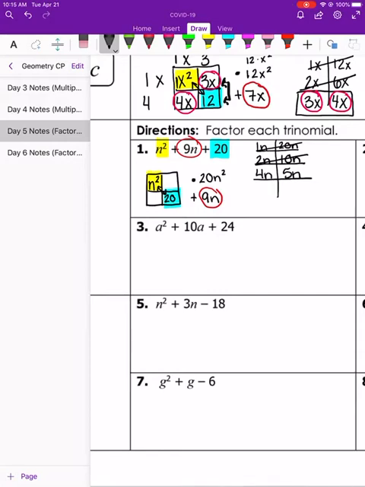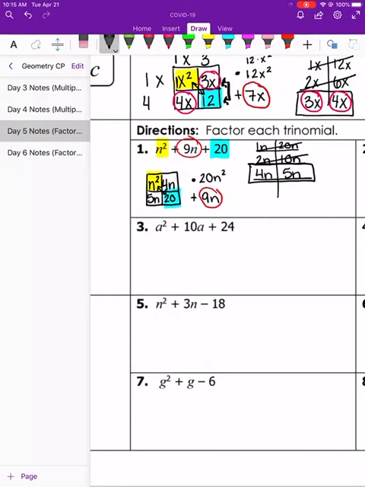Okay. So 4n times 5n is 20n squared. Does 4n plus 5n add to 9n? It does. So this is what we're going to put in our boxes. So 4n and 5n. Okay?